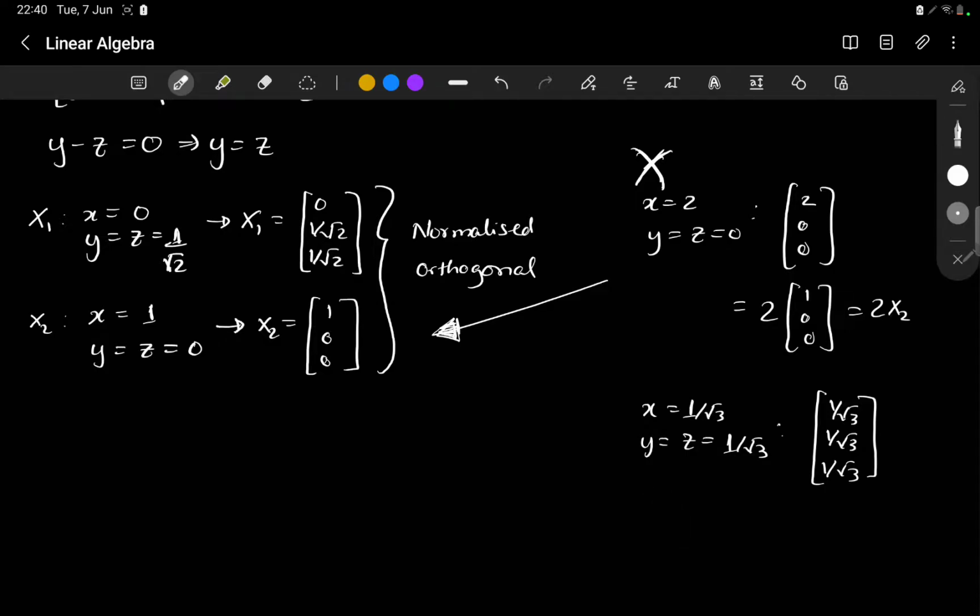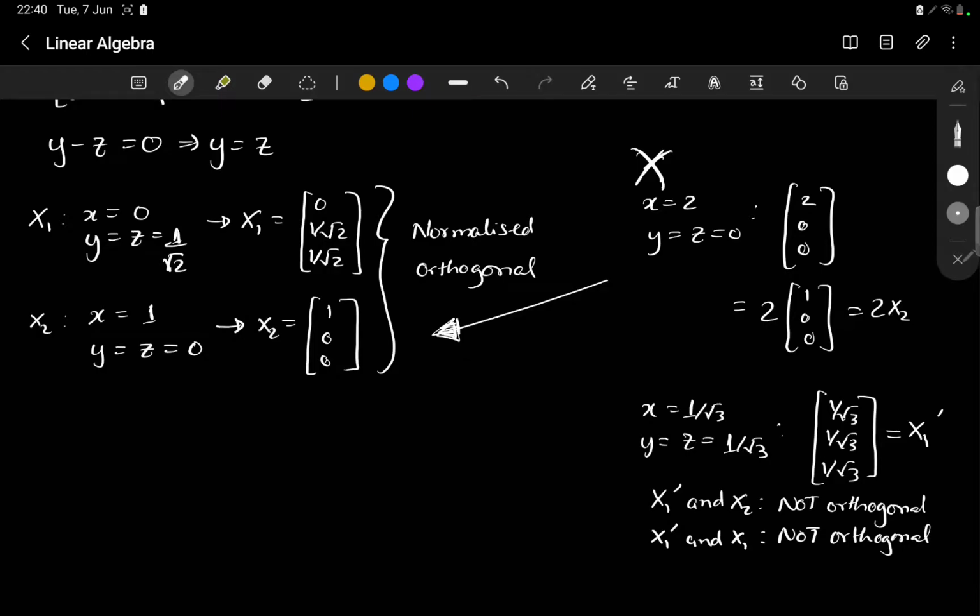Let us say this would have been our x1 prime, then x1 prime and x2 are not orthogonal. And similarly, x1 prime and x1 are also not orthogonal.